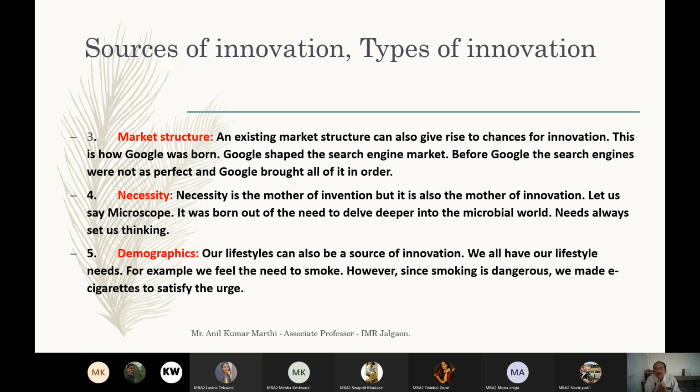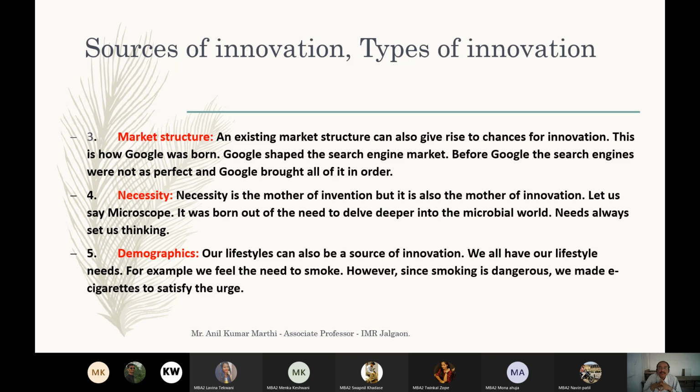That is also another source of innovation, market structure. The fourth one is necessity. We all understand what is necessity. We also say necessity is the mother of invention. So you don't need a better example than that. So necessity is the mother of invention, but it is also the mother of innovation.